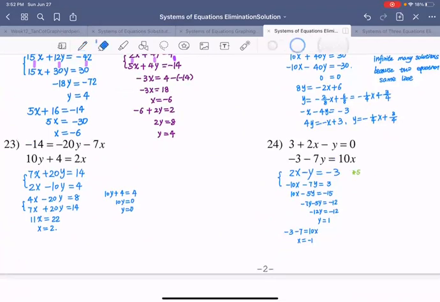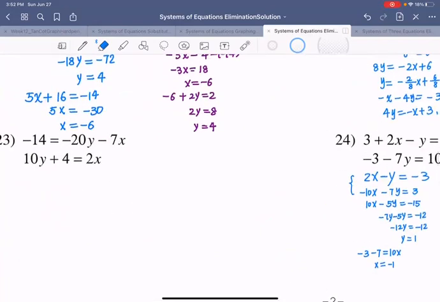Ethan, let's do 23. When they are not in the standard format, we want to change it to the standard format, okay? Let's move the negative to the other side to be positive and move this guy to the other side to be positive.